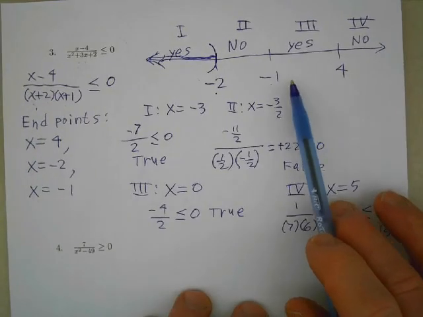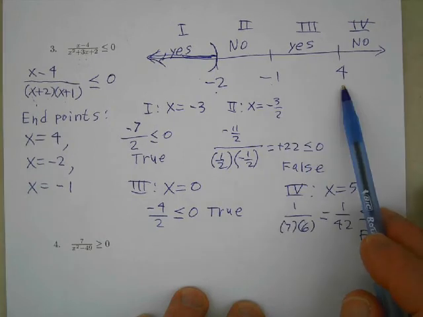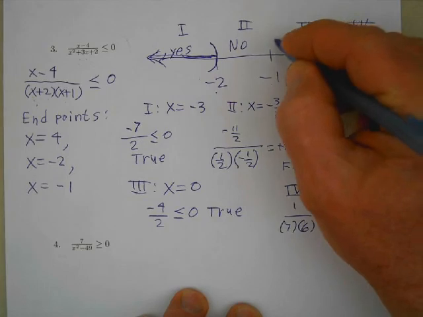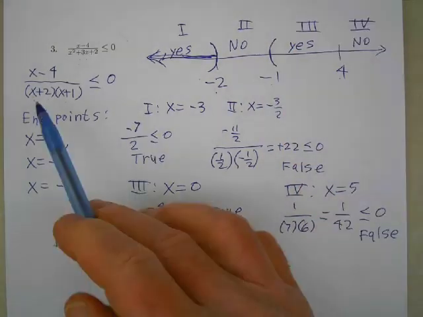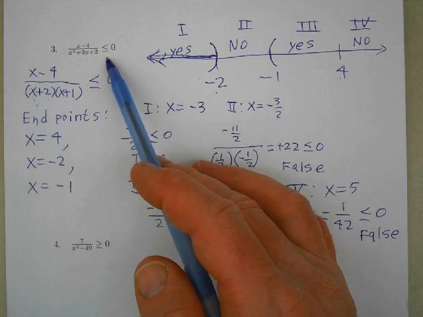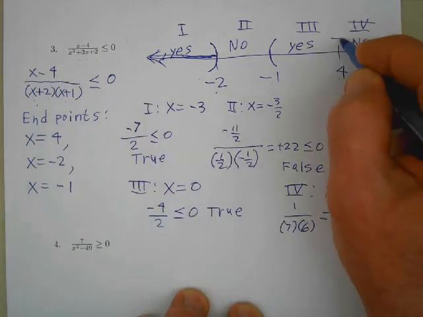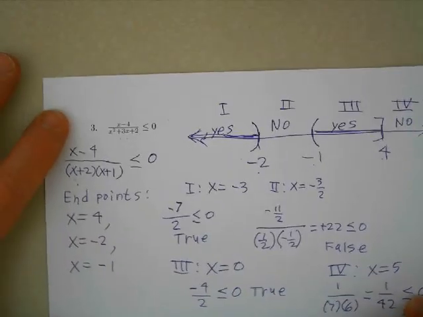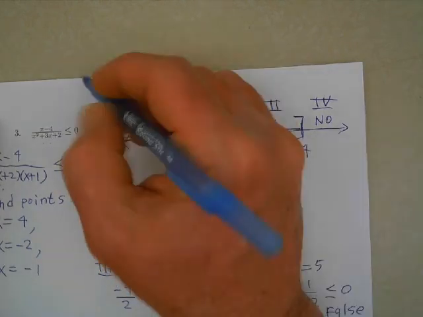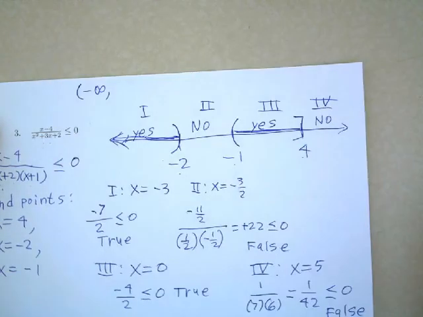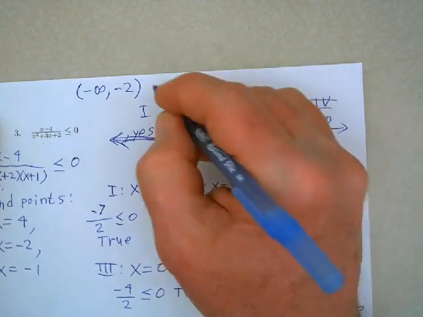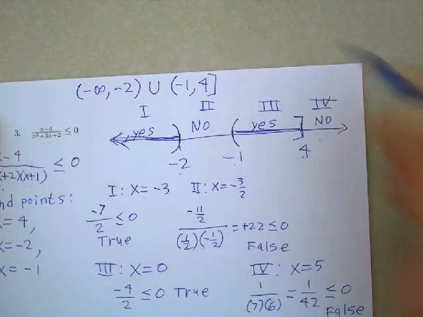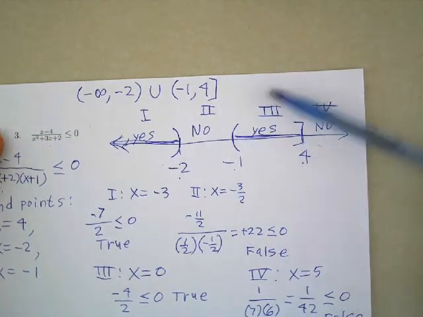And then the other interval from -1 to 4, well, -1 is an endpoint that comes from the denominator, so it's excluded. 4 makes the numerator 0, and 0 less than or equal to 0 is true, so we do include the endpoint 4. And so the interval notation, I'll write that up here. The interval notation is from -infinity to -2, parenthesis, and then union, parenthesis, -1, comma 4, bracket. That's the solution written in interval notation.